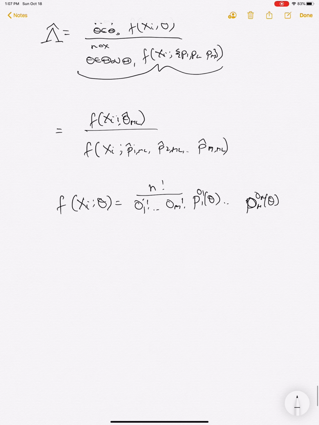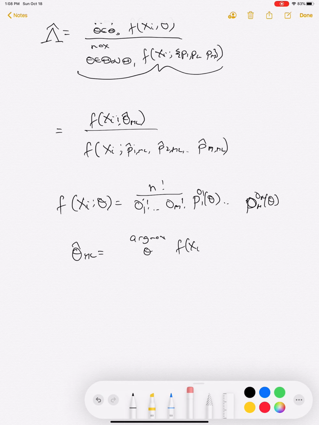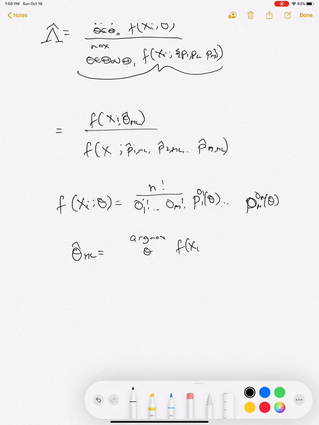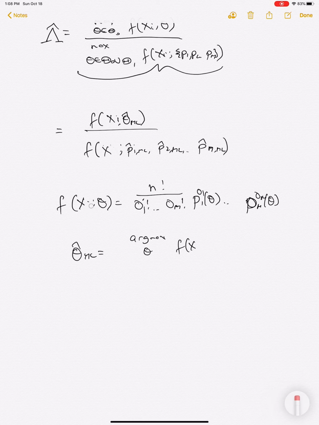And so theta hat ML equals the argmax over theta of f of x; theta.